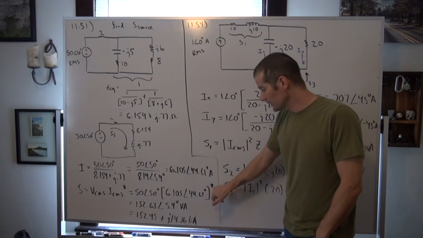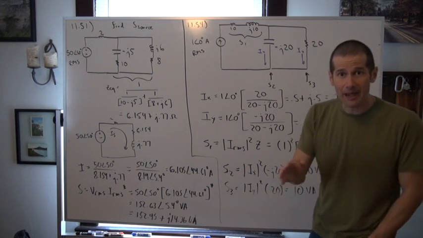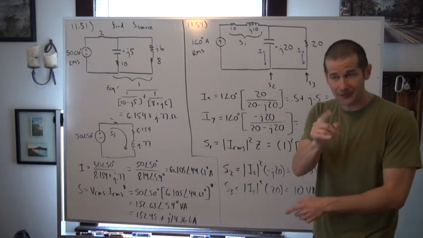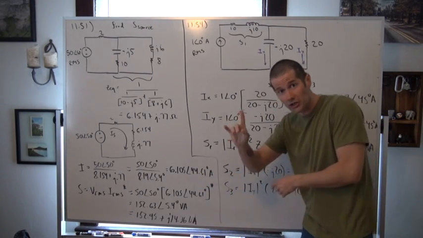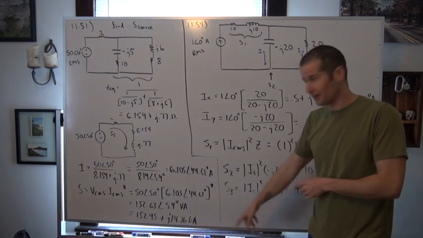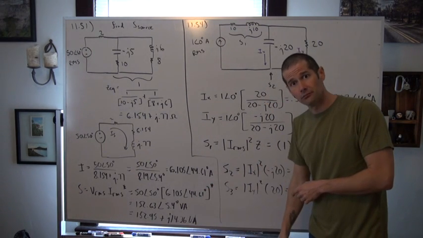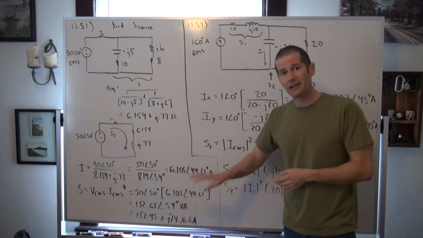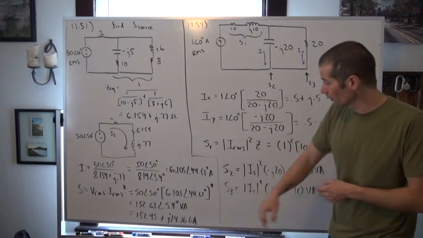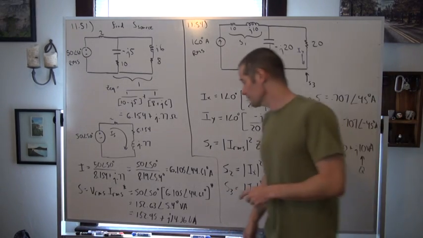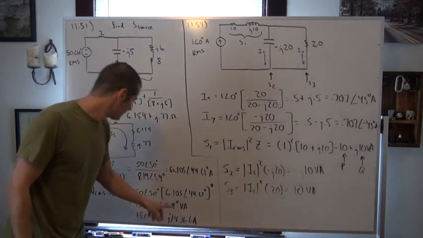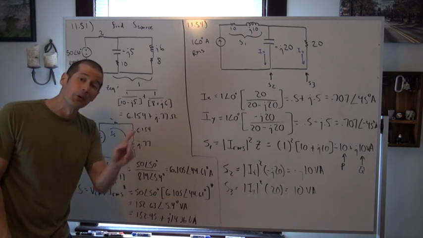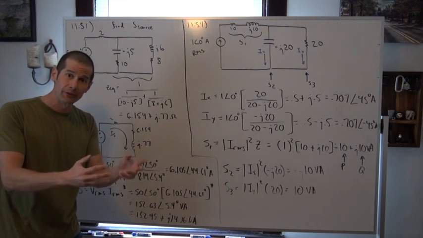Now remember here, we have to conjugate that because that goes back to the instantaneous power and theta V minus theta I. We have to stay consistent with that, so we have to conjugate that phase angle, which means that it becomes negative 44.61. And so the complex power comes out to be 152.63 at an angle of 5.4 degrees volt amperes.